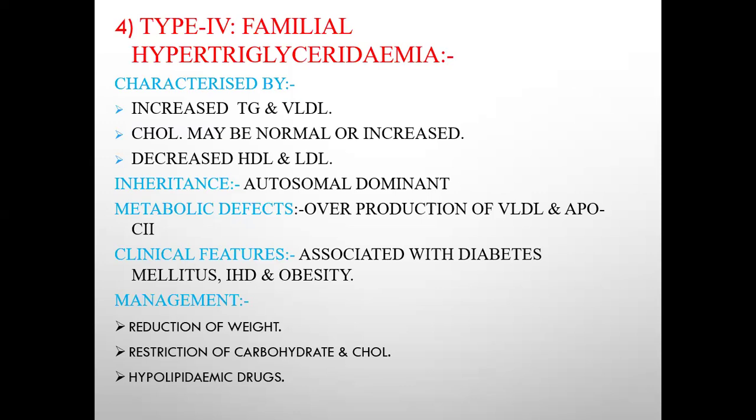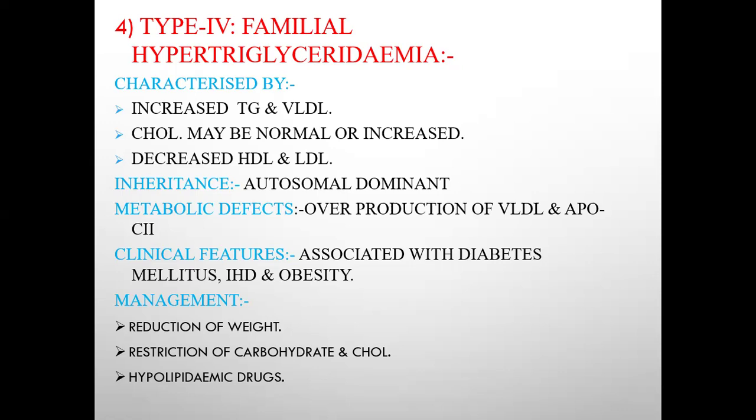For type 4, we have familial hypertriglyceridemia, characterized by increased triglycerides and VLDL. Cholesterol may be normal or increased. We have decreased HDL, high density lipoprotein, and low density lipoprotein.